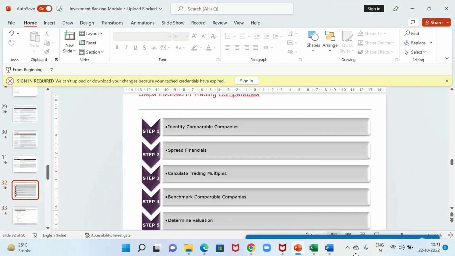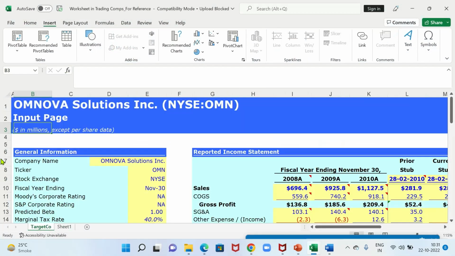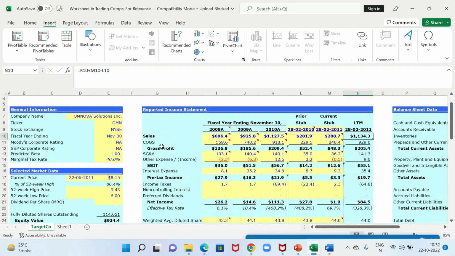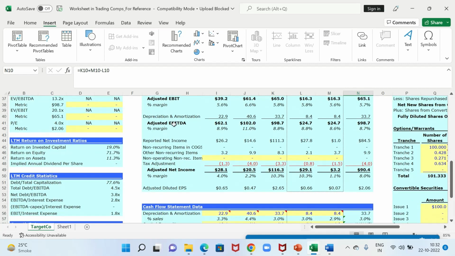Now is spread the financials. Spreading financials using this template, we'll spread the historicals. See, we have prior stuff, we have current stuff, we are also calculating LTM. I'll discuss the LTM part. Three historical years, prior stuff, current stuff, and we have to compute the sales, gross profit, EBIT, net income, and then we will also have EBITDA, adjusted EBITDA.